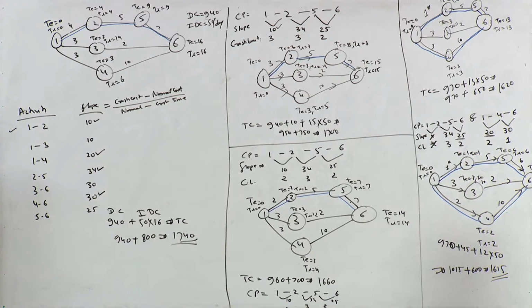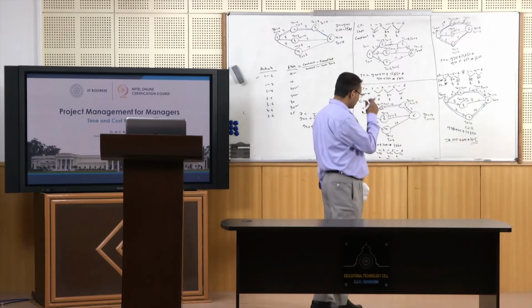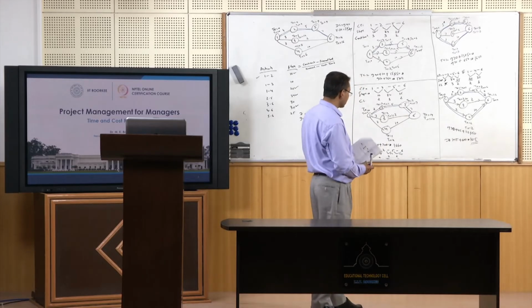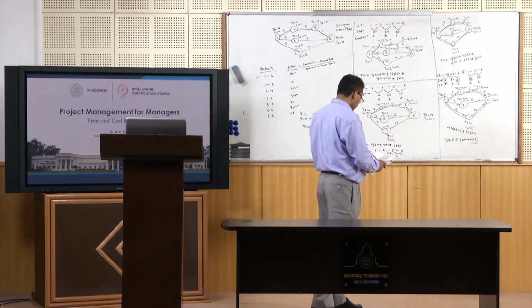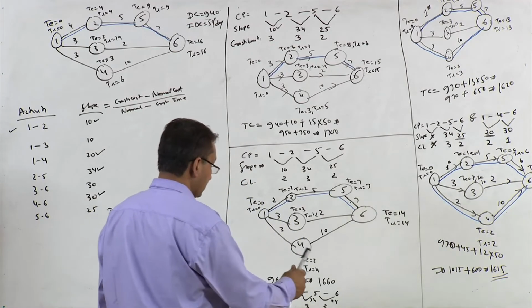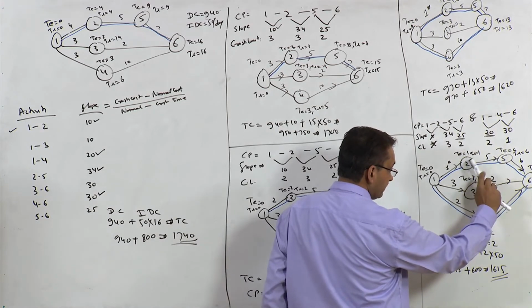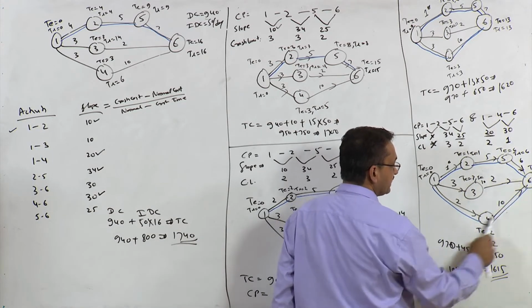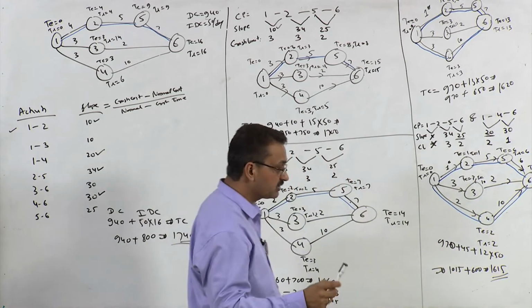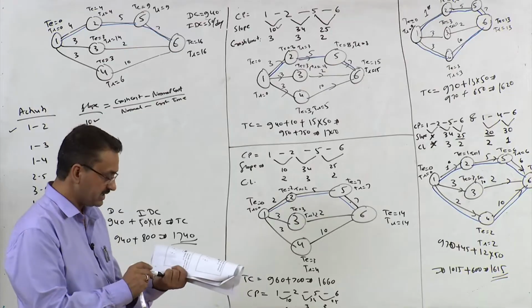You can do one more thing. Since you have got two critical paths here and there is still possibility of reducing its duration, you can further select any critical activity from this path and any critical activity from this path. Again you have to keep in mind the least slope concept, right.